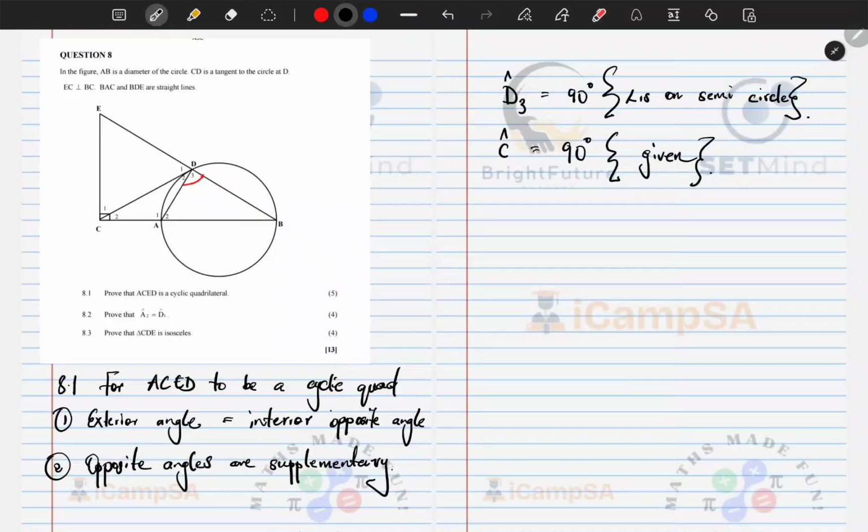From here, if D3 is 90 degrees, we can also find the entire angle D. So D is going to be equal to 180.